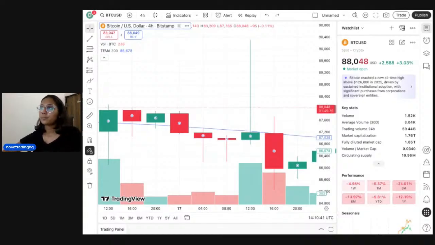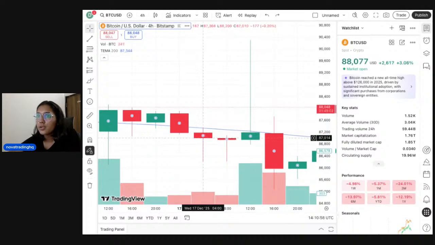Okay, so it opens around 87.1K and closes at approximately 87,050, right? There is this very large lower wick which we can see right here.